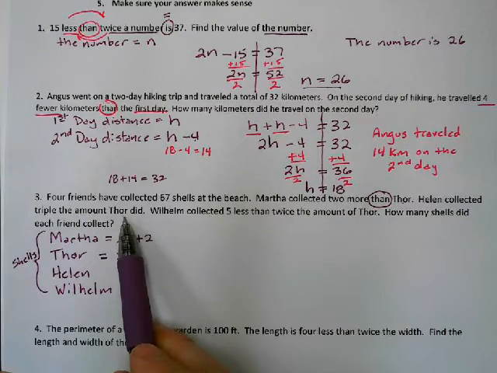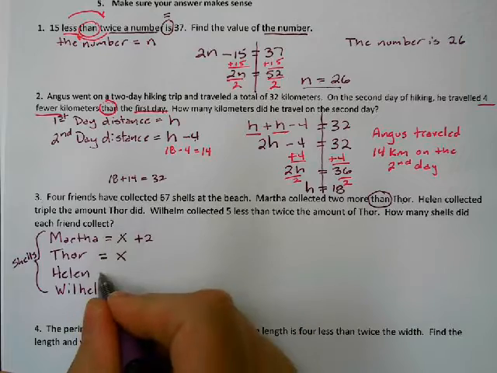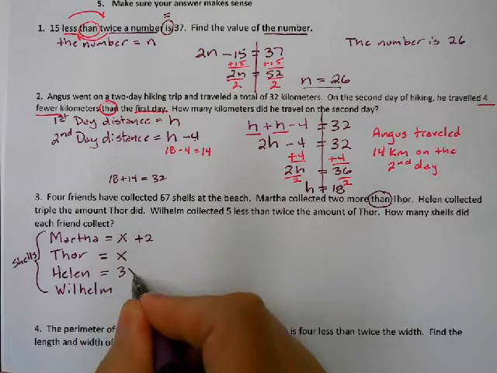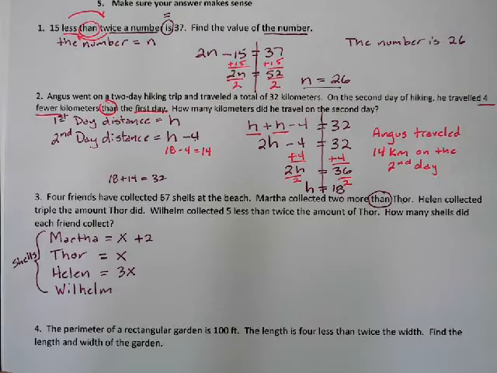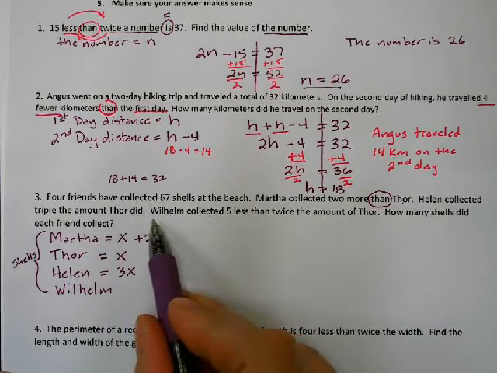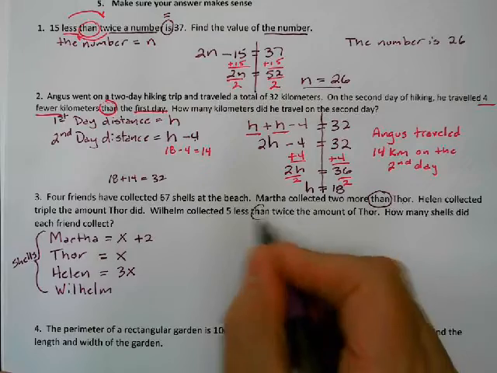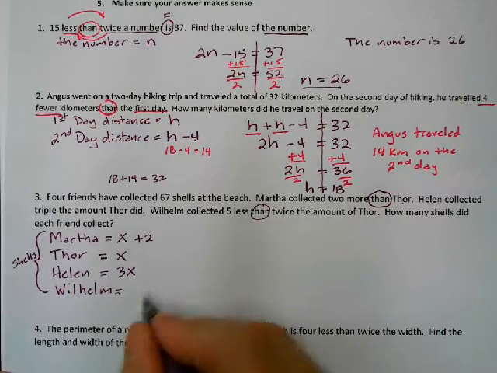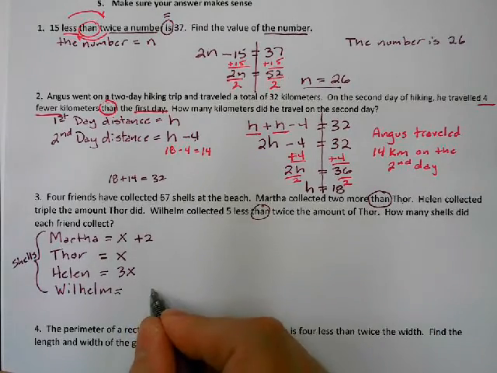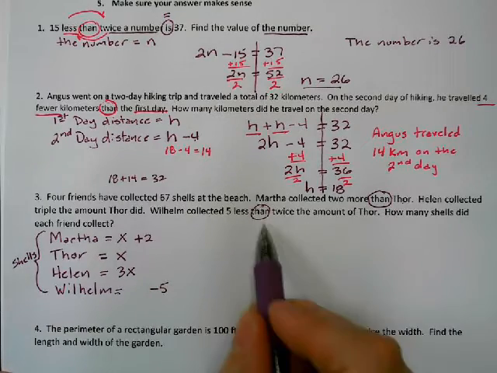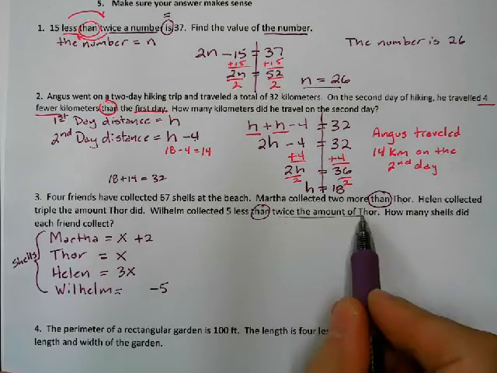So Helen must be 3 times Thor. Thor is X, so Helen is 3X. And then we've got Wilhelm. Wilhelm collected 5 less than, so we've got 5 less, so that's minus 5 at the end. Than means I'm putting it at the end. What should I put in front of it? Twice Thor, and Thor is X, so 2X goes here.